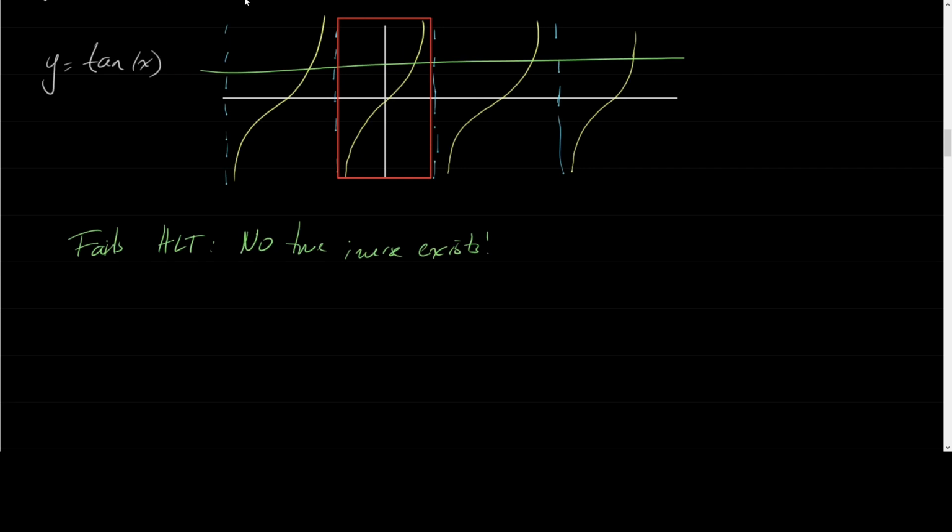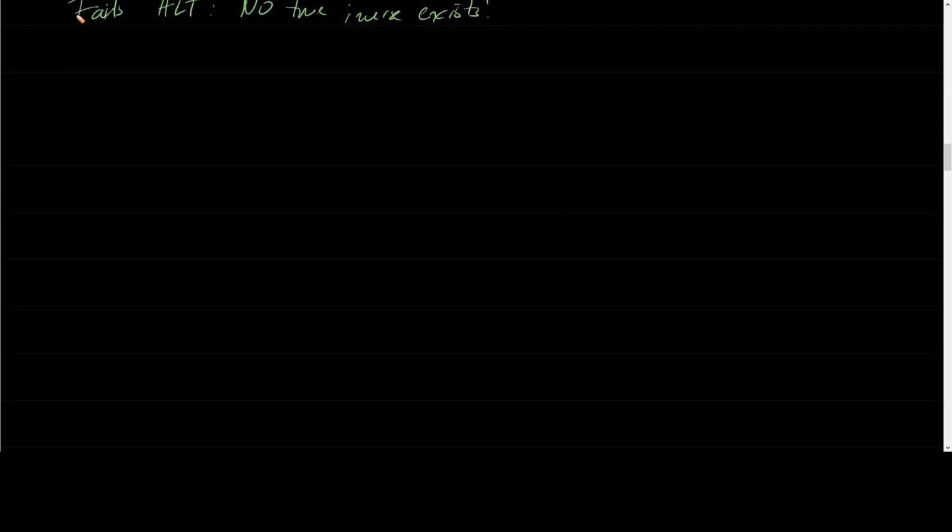Now let's look at just what tan of x restricted looks like. If I look at y equals tan of x, we're going to restrict it from negative pi over 2 to positive pi over 2, that's our domain. Our range is all real numbers, it goes from negative infinity to positive infinity.